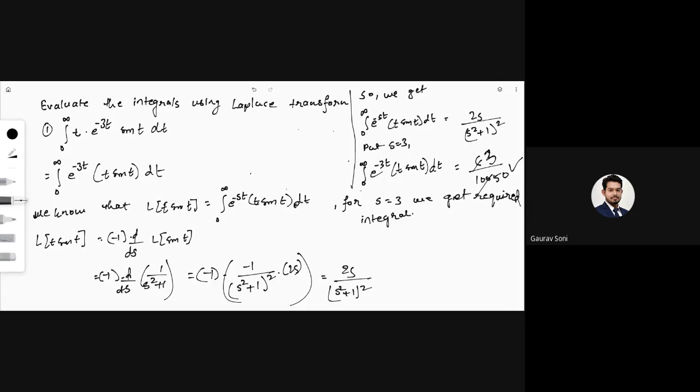Now, one example for you. Second one: integral 0 to infinity e to the power minus t sin t by t dt.